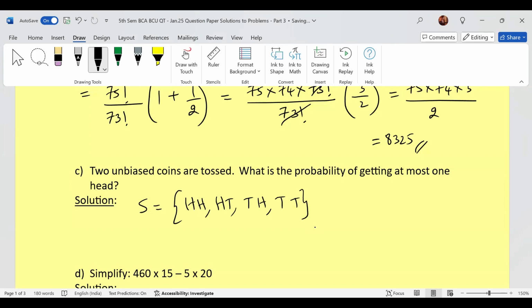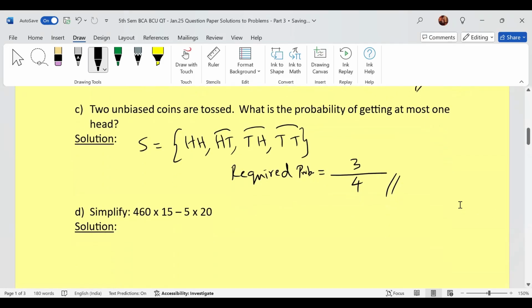Now the question is, what is the probability of getting at most one head? Means maximum one head. Totally there are 4 outcomes. Maximum one head means this one, and this one. Means one head as well as 0 heads. So it becomes 3 by 4. That will be the solution for this.